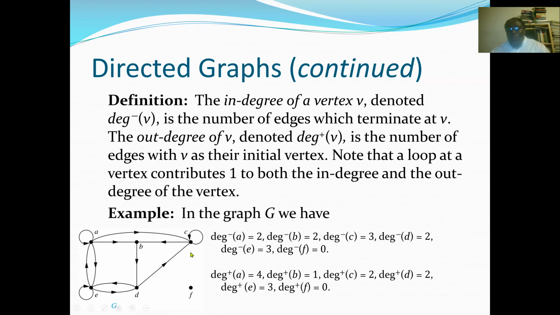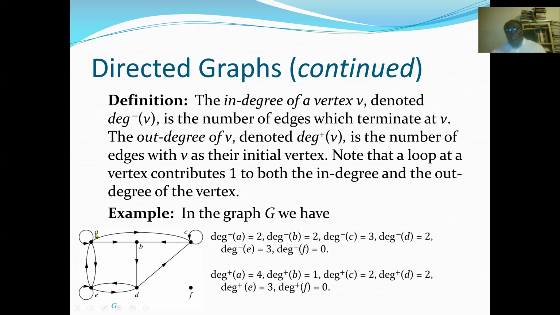Out degree means that if I'm at vertex A, I have an out degree from A to C; the direction is moving from A to C. But if I'm still at A and the edge comes from E to A, that is in degree.